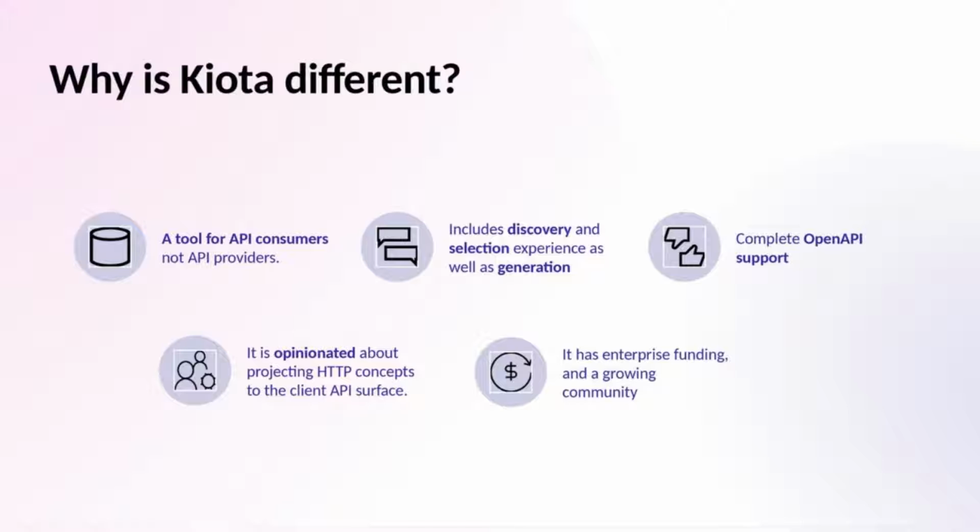We're also really opinionated about the surface area of the client that we generate. We do not try and generate the most beautiful, most optimized for the scenario experience. What we try and do is take those HTTP concepts that you already know about and bring them into your programming language and deal with those exceptions and edge cases around HTTP that a lot of people don't know about.